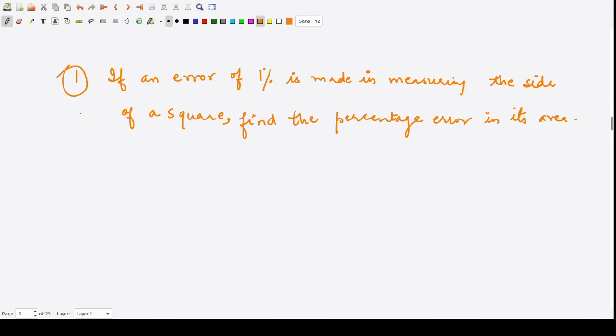So we have to find the error in the area. For that you should know what we are talking about. We are talking about a square and a 1% error is present in the square.